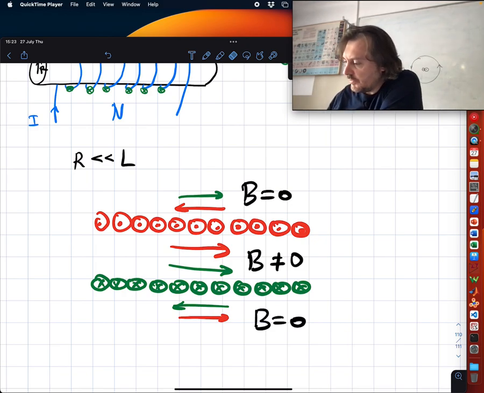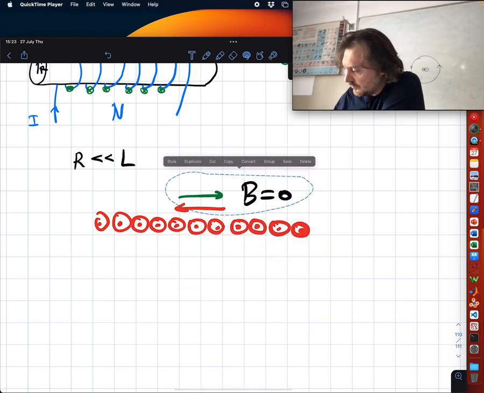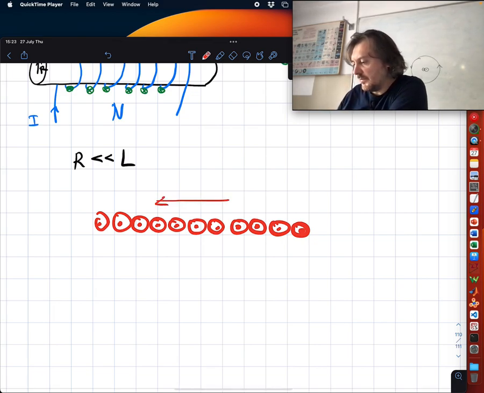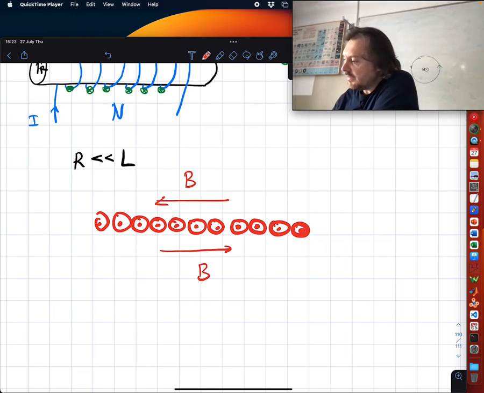Let's concentrate on just one of them. So for only one of them, there will be a magnetic field pretty much straight over here and straight over here, right? And we can imagine an ampere loop like this.